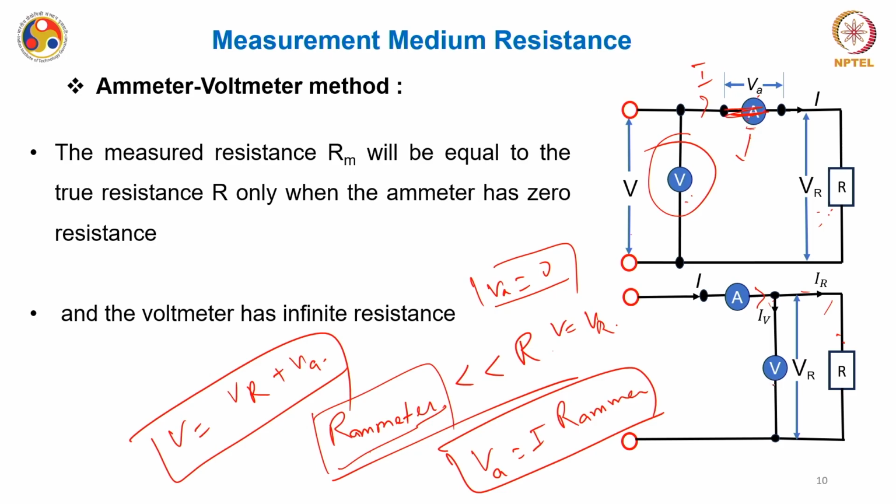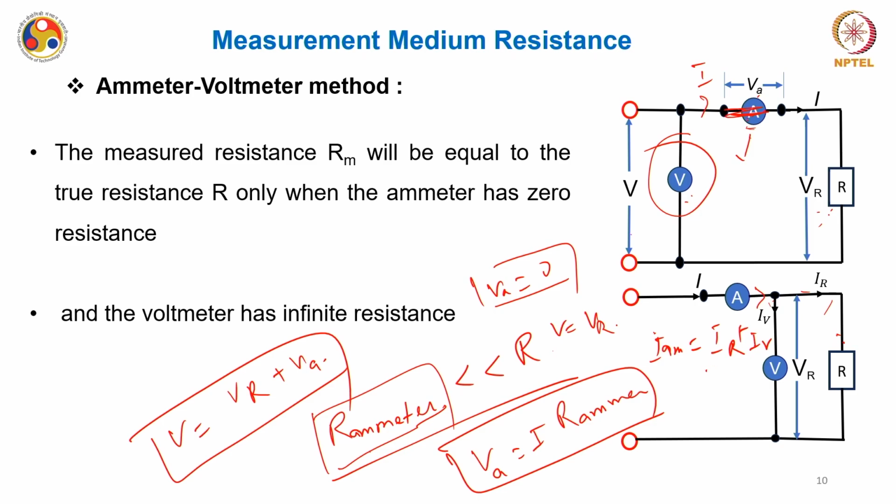However, a little current is drawn by the voltmeter. So this current I ammeter is equal to the current IR plus the current IV.